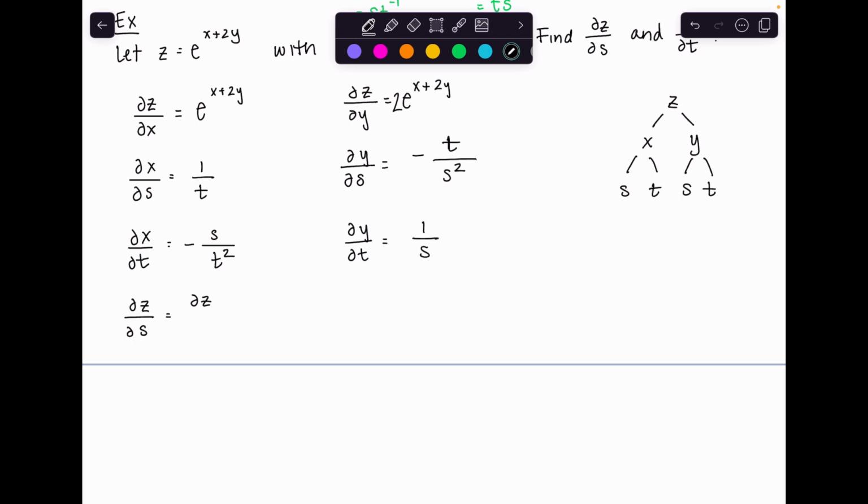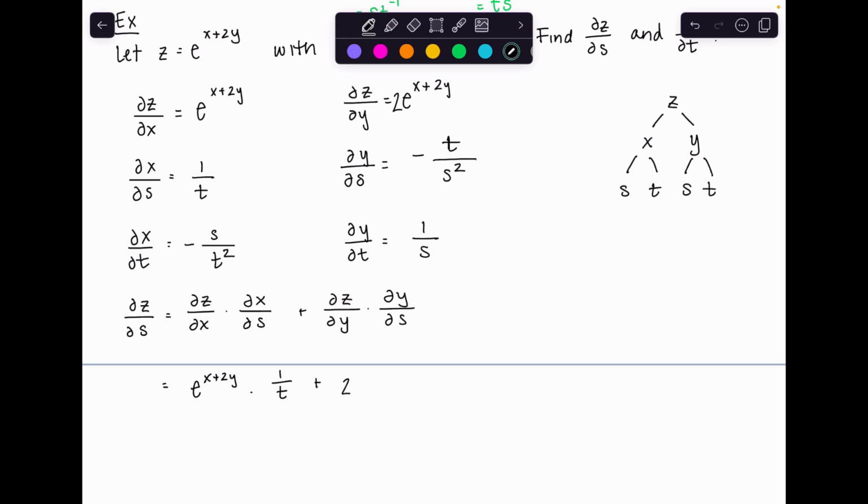So my first path is through x, and then from x to s, and then the same thing, I go through y, and then y to s. So filling in each of these things, first piece is e to the x plus 2y, and then the partial of x with respect to s is 1 over t.